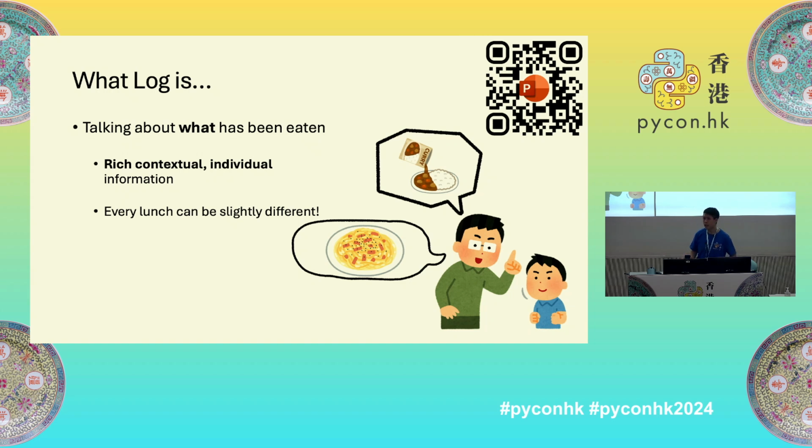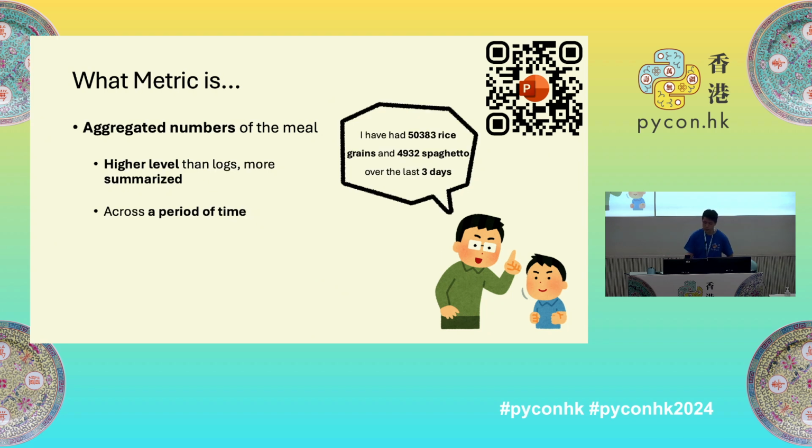It has a lot of information about itself, information that one can only know by himself. Every lunch can be slightly different, and it is only you who understands what the difference is. This is what is meant by rich, contextual and also individual information.